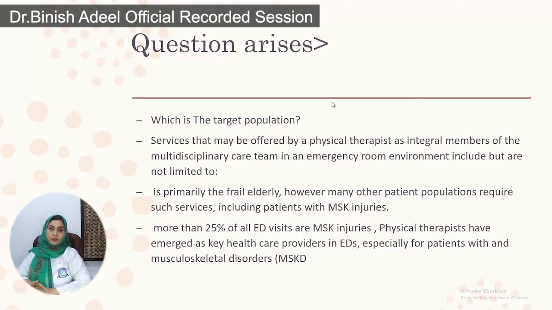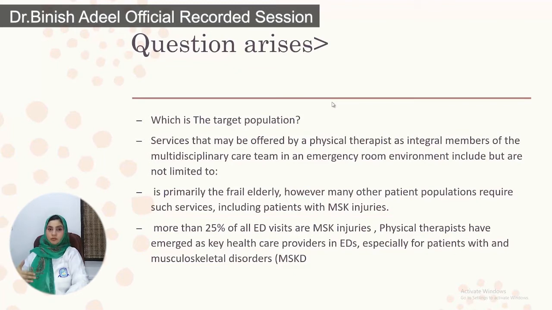And the next population, which I have come across in my literature searches and the guidelines, says that 25% of all emergency department visits are because of MSK injuries. So musculoskeletal injuries are the mainstream of physical therapists. So why not give primary care to the patient?